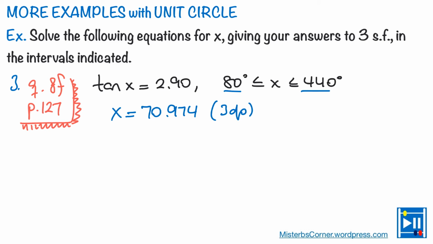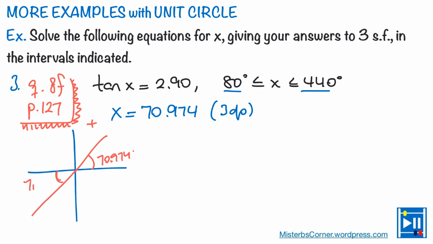Now, let's draw our axis. 70 degrees is here. So this is 70.974 degrees, and the tangent values are positive in the first and the third quadrant, and vertically opposite angles are the same, so actually this is also 70.974.